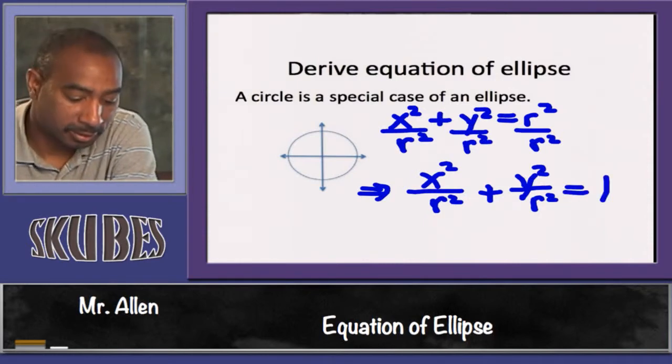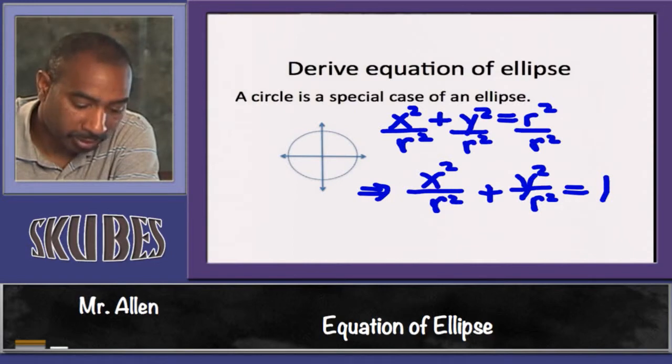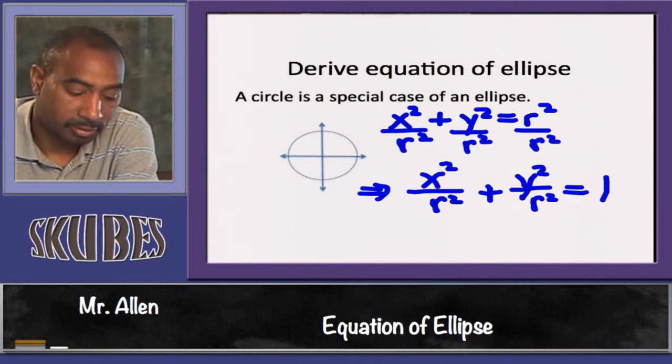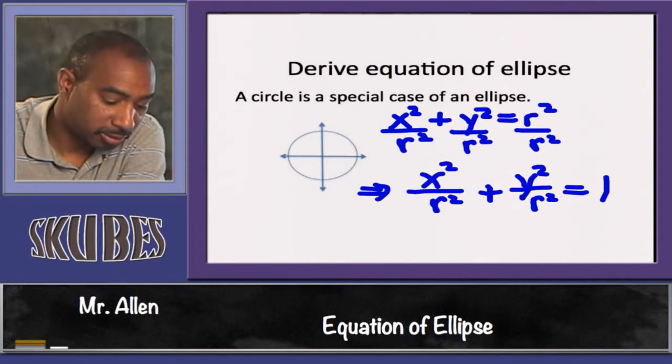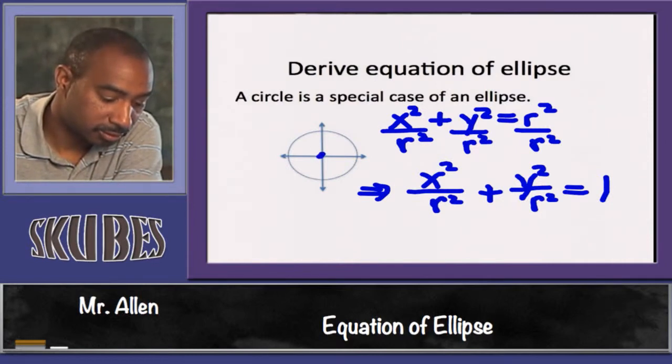This is a special case because the radii have the same length. Because in the circle, it doesn't matter where you draw the radius. It's going to be the same distance.